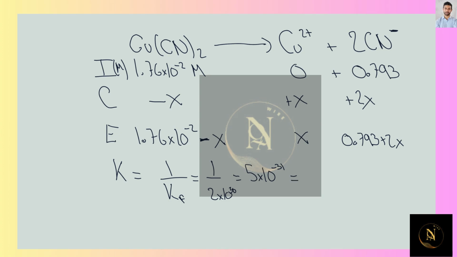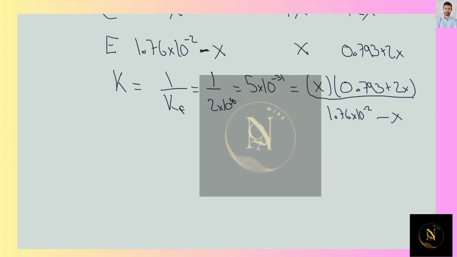By the definition of the equilibrium constant, we get X times (0.793 plus 2X) divided by (1.76 times 10 to the minus 2 minus X).